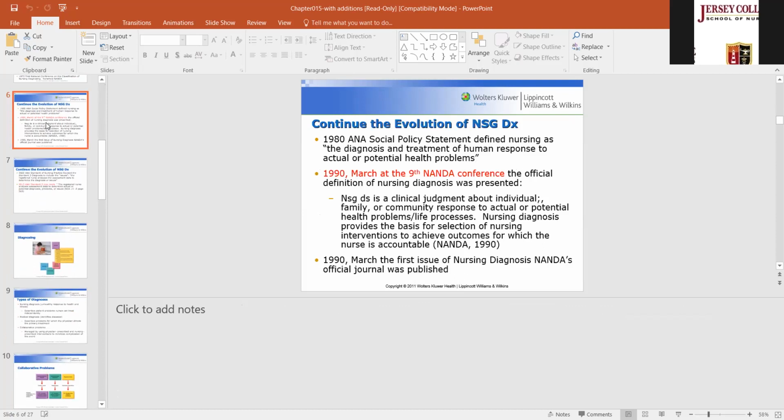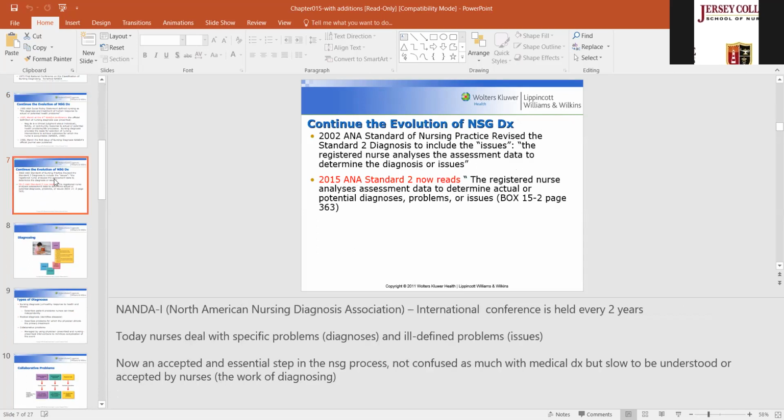In 1980, the ANA puts out their social policy statement. The diagnosis and treatment of human response to actual or potential problems is what we should be doing. And then in the 90s, they start having these NANDA conferences to try to improve the process. So now NANDA has an international conference every 2 years. Nurses deal with specific problems and diagnoses and ill-defined problems.